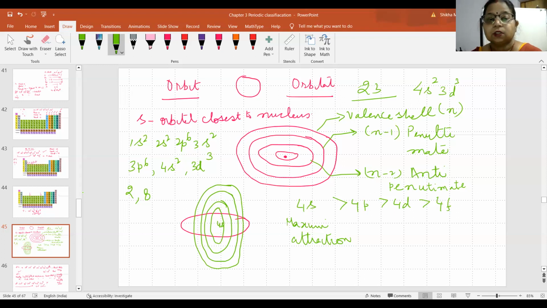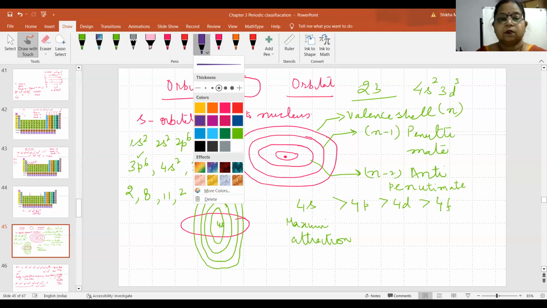What I will do? 3s2, 3p6 and 3d3: 2 plus 6, 8, 8 and 3, 11. And 2. Have you realized where is the last electron entering? It is not entering into valence shell. Valence shell will comprise of 4s, 4p, 4d, and 4f.